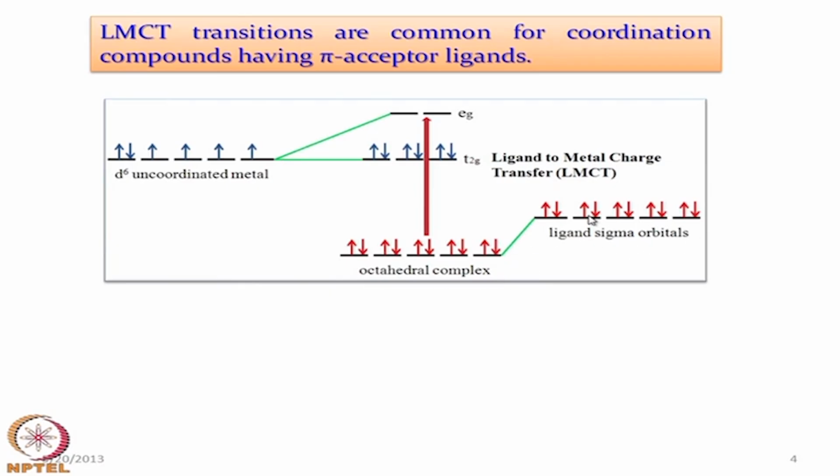It can be the pi acceptor ligand, but it can also involve the sigma orbitals.